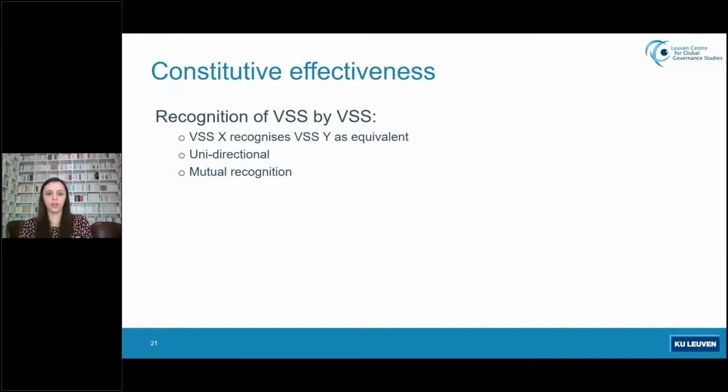But this recognition can be unidirectional, meaning that one VSS X recognizes a VSS Y, but the other way around is not correct, meaning that VSS Y does not recognize VSS X. And then VSS recognition can also be mutual, which involves that both VSS recognize each other as equivalent.